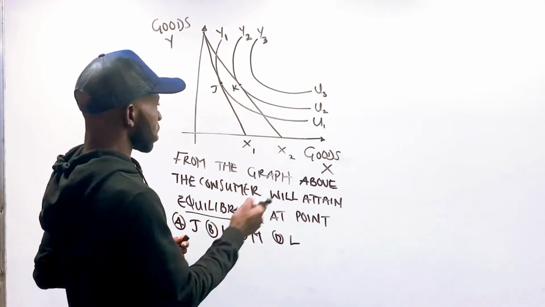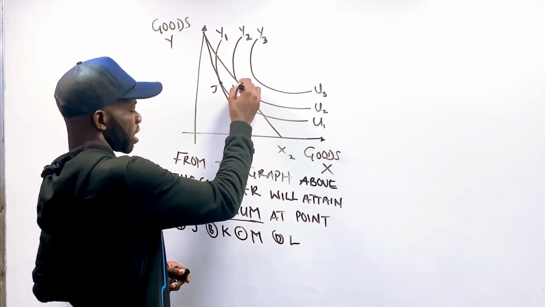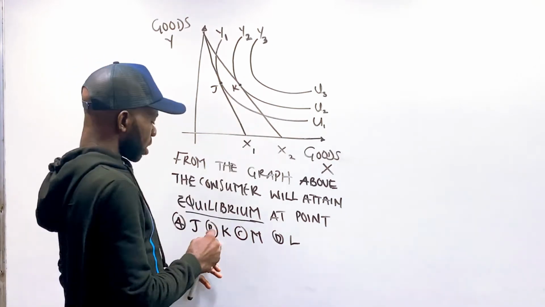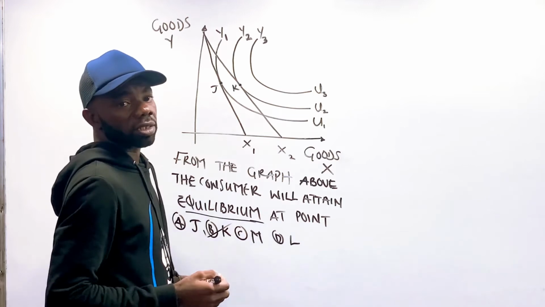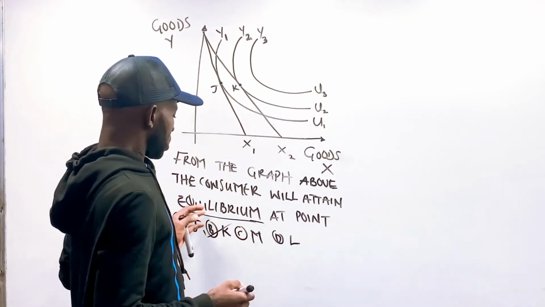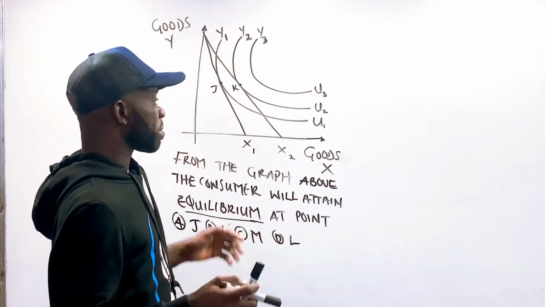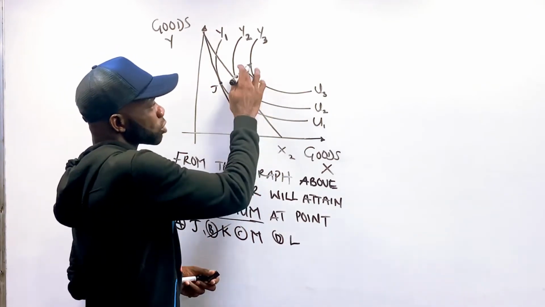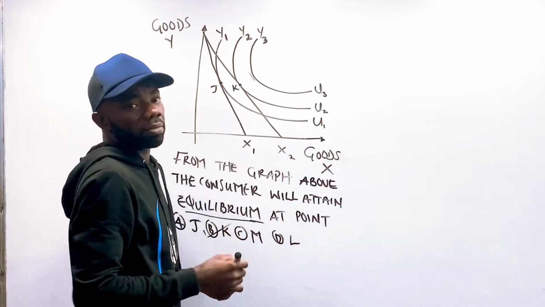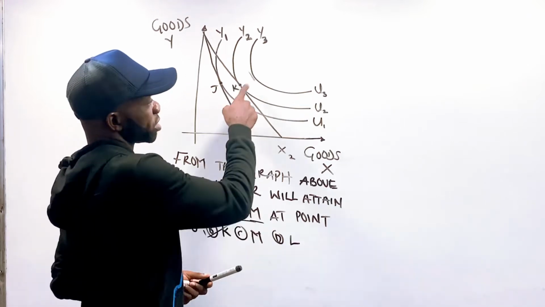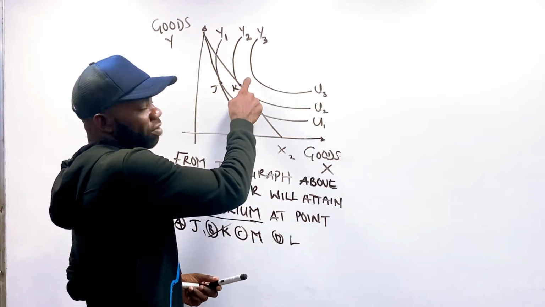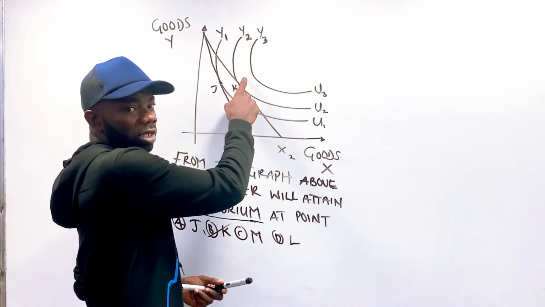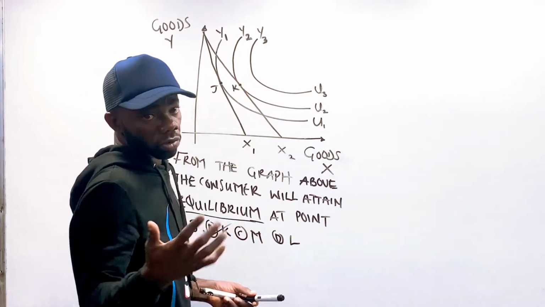So looking at this question, point K, for a rational consumer, is the best equilibrium point. And anytime, any day, even if they increase it to 3, you have a third one, just apply the same knowledge. It's the highest level of utility or satisfaction that every rational consumer will prefer.